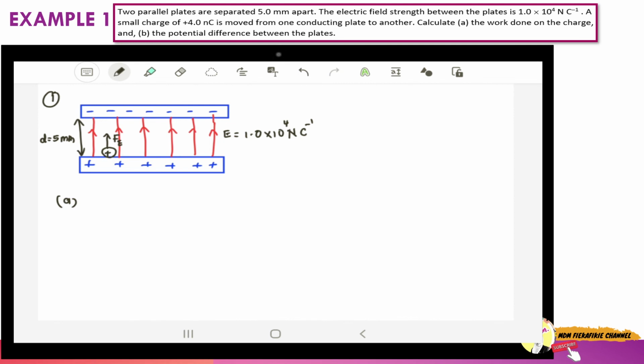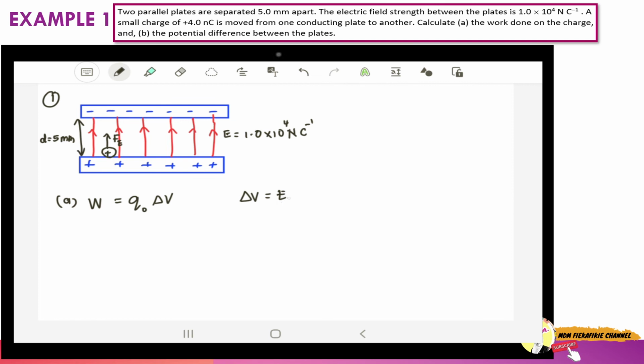In order to calculate the work done on the charge, remember W is equal to Q naught, the test charge that refers to the positive nanocoulomb charge, times ΔV, the potential difference between the plates. So how do we calculate ΔV? How do we write the relation between V and E? Remember, to find the potential difference between the two plates, V is equal to Ed.